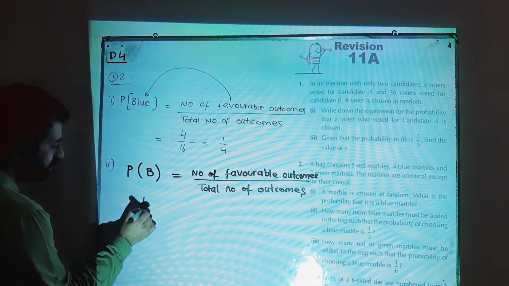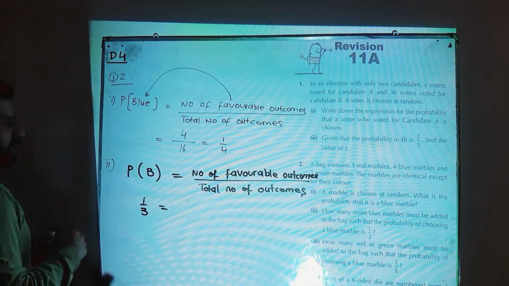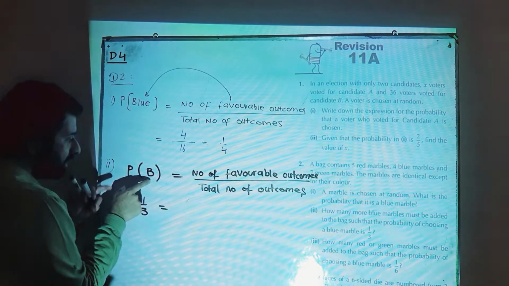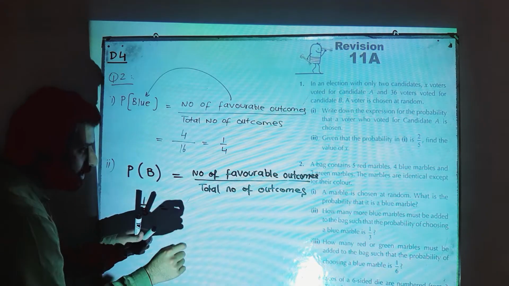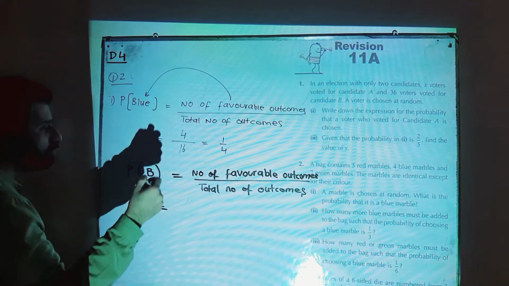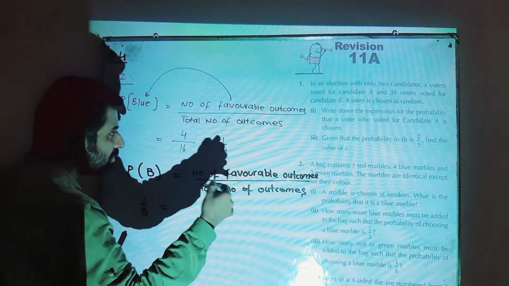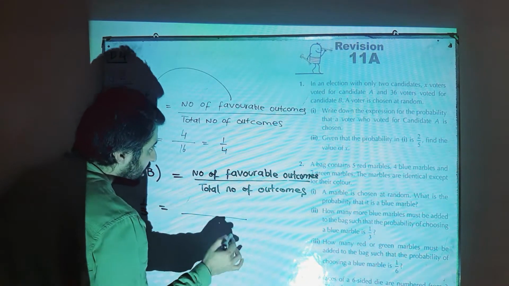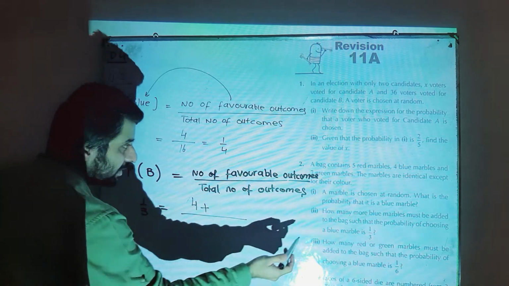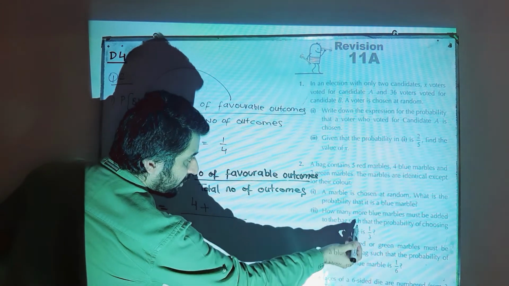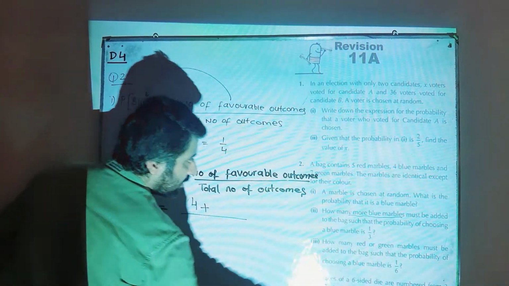So you have the probability of a blue marble, the number of favorable outcomes, meaning the number of blue marbles. Right now the number of blue marbles has increased. Previously they were 4, but we have added some new marbles.